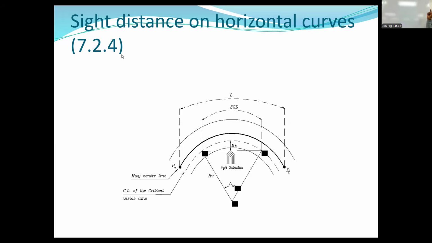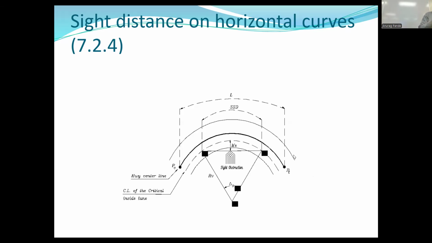In this problem, when you're talking about the sight distance issue on horizontal curves, think about driving on a curved section of the roadway, looking at it from the top. When the roadway designer designs the curve, it will have its starting point and its end point, so PC and PT.